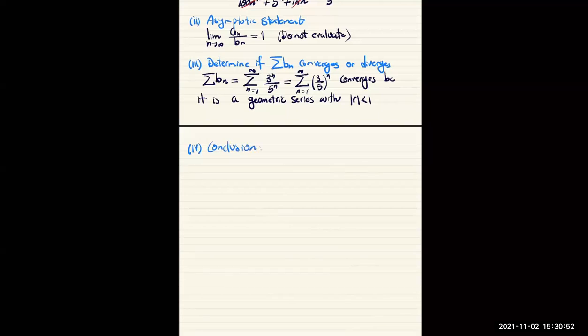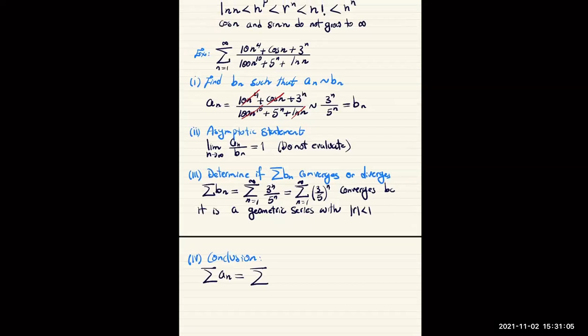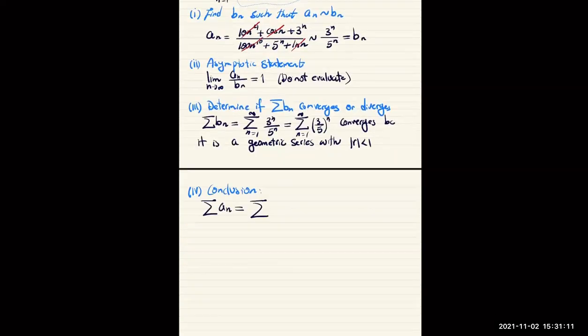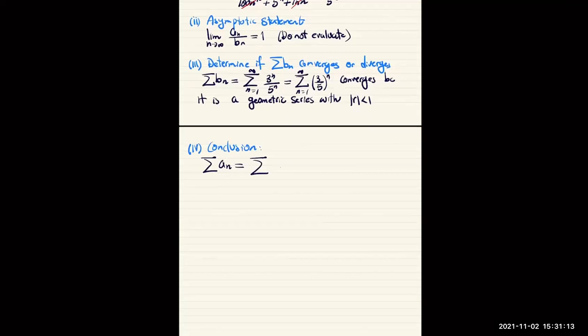And here you say that, I don't need the indices, the sum a sub n, I'm not even gonna copy the sum. I'm not gonna write it down, but I could just copy and paste. Yeah, so this converges also.